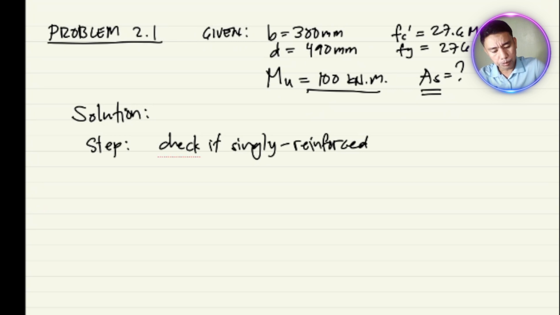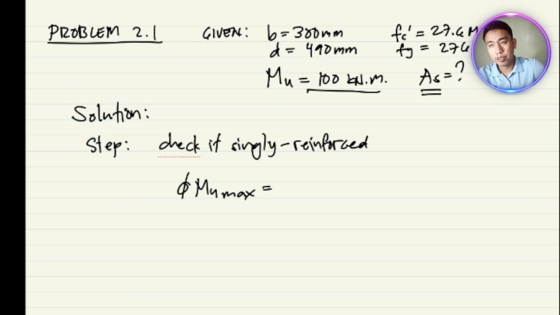Since we already have Mu of 100 kilonewton meter, we need to check if it is singly. How can we check if it is singly? We need to calculate the ultimate moment capacity, phi Mu max.